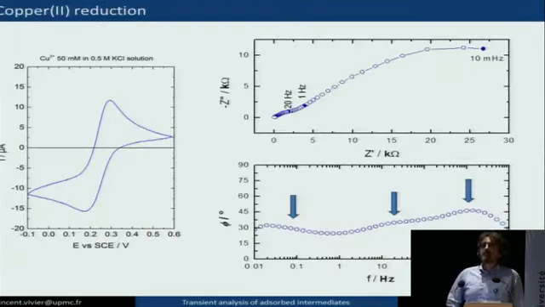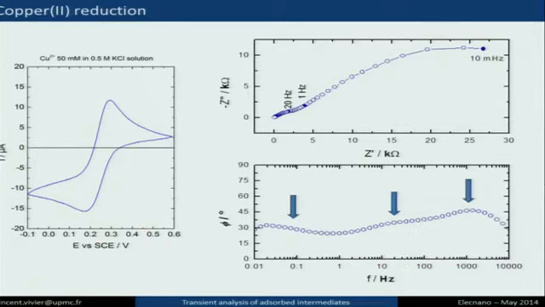If I now consider a much more complicated mechanism, that is the reduction of copper 2+ in chloride-containing solution. So this is the CV curve of the copper 2+ in this solution. And I perform also an impedance measurement. So I have a flattened semicircle here and the diffusion at a small electrode.